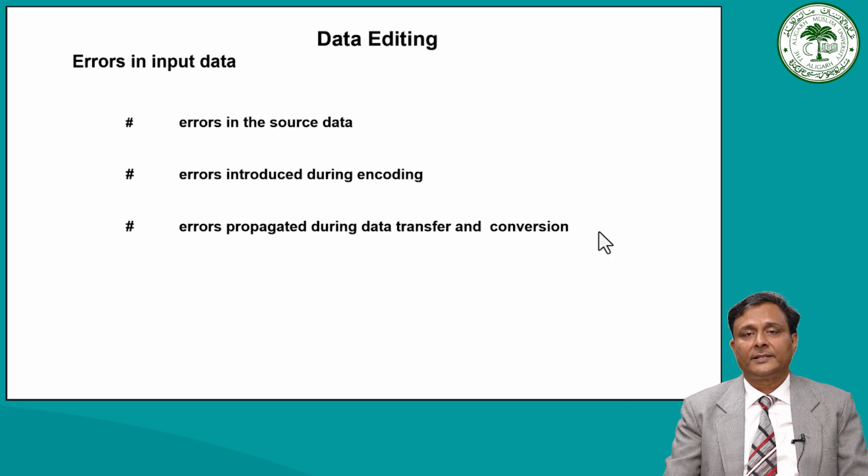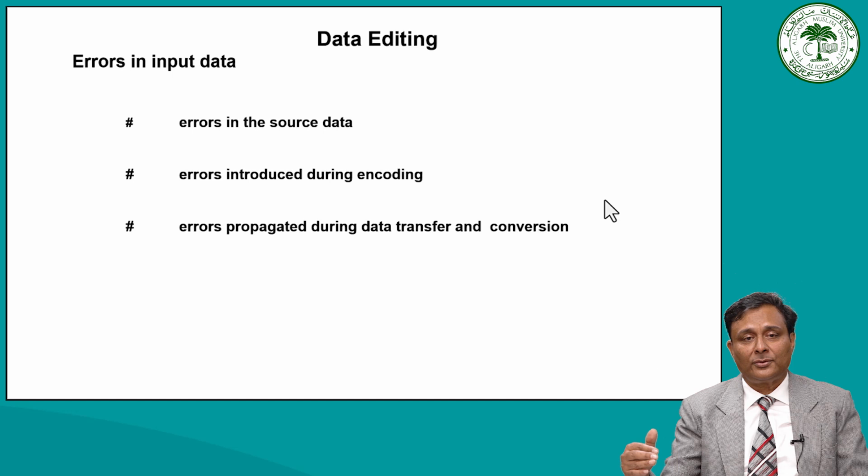So data editing is done when errors occur during input of data. Here we are looking at the errors which come when we are bringing data from different sources into our system. So errors may appear in the source data itself, and that needs to be checked.